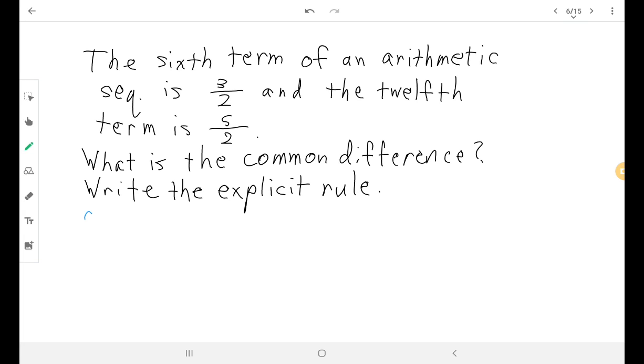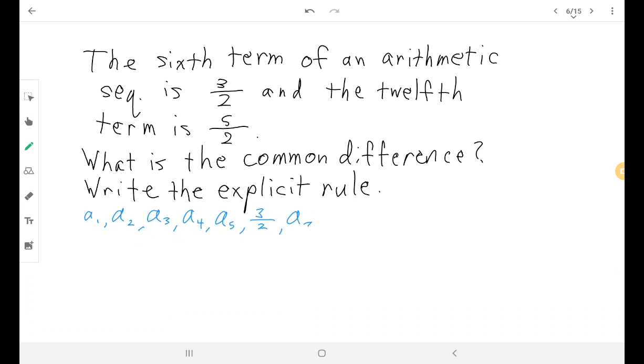So we've got, let me sort of make a picture out of this. We've got the first term, the second term, the third term, the fourth term, the fifth term, the sixth term, but I know the sixth term. The sixth term is 3 over 2.